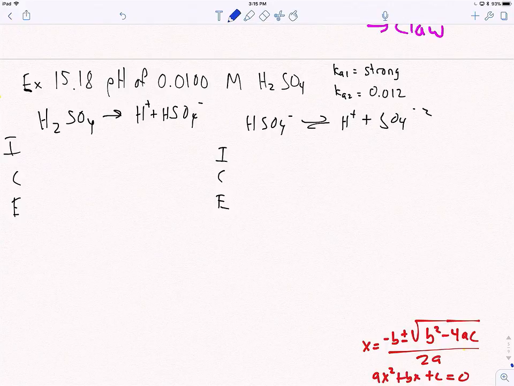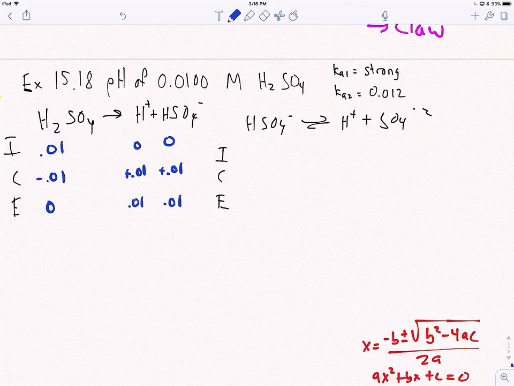Initially, you have 0.01 of this, 0 of the products, and this is a strong acid, so it goes all the way. It breaks apart completely. At equilibrium, we have no sulfuric acid, and we have 0.01 of this. Does this make sense?